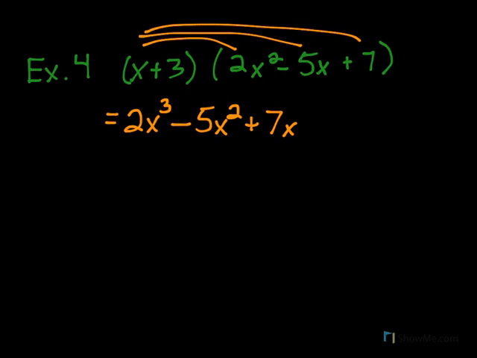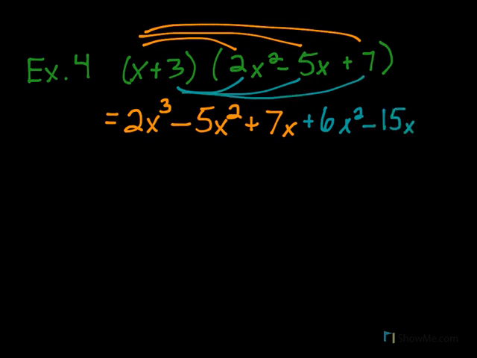That's it. Now let's use the light blue to do 3 times 2x squared. That is a positive, so that's plus 6x squared. Then we have 3 times negative 5x, so that is minus 15x. And then we have 3 times 7, which is plus 21.